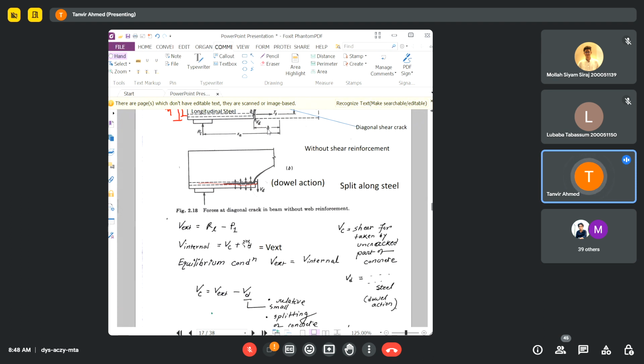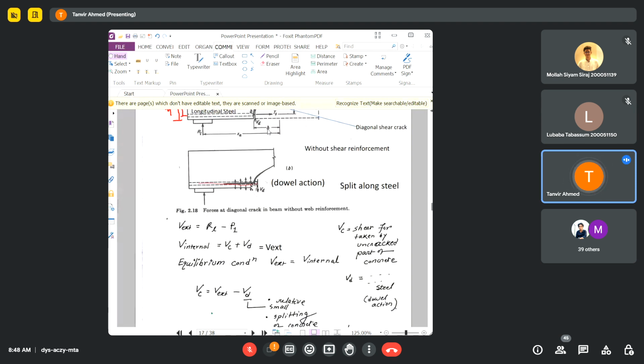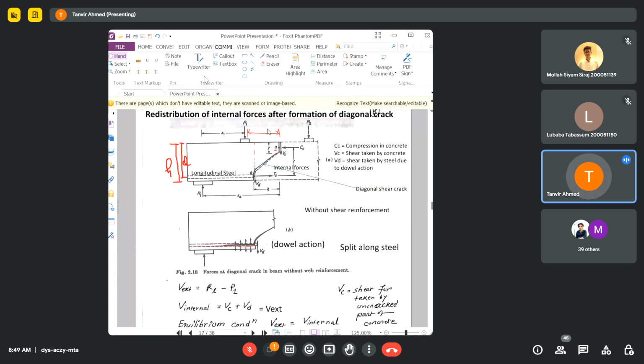Just take the Vd to the other side. Now Vd, the shear force on the steel reinforcement, will be very small because the steel section is very small.